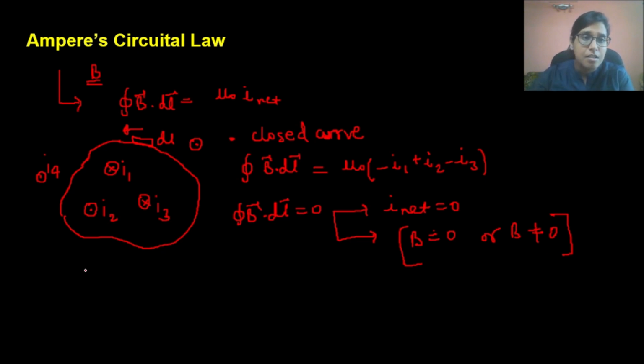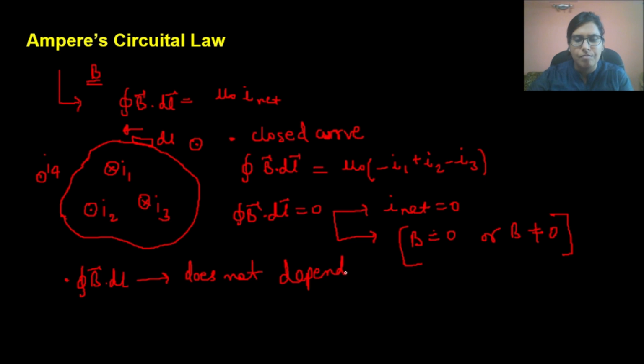Now this Ampere Circuital law is first of all valid for a closed curve, and second, I net is the total current with sign inside the loop, right? And this integral does not depend on the shape of this curve and the position of the wires.